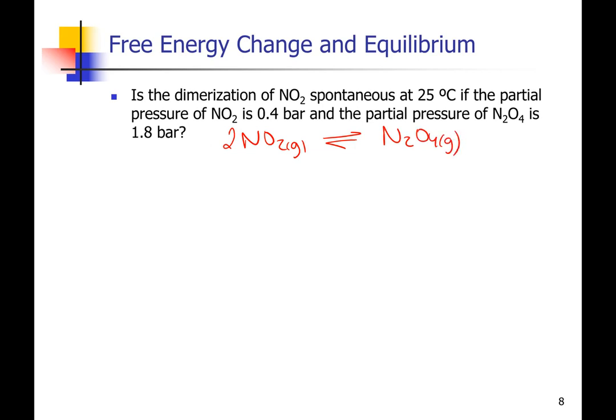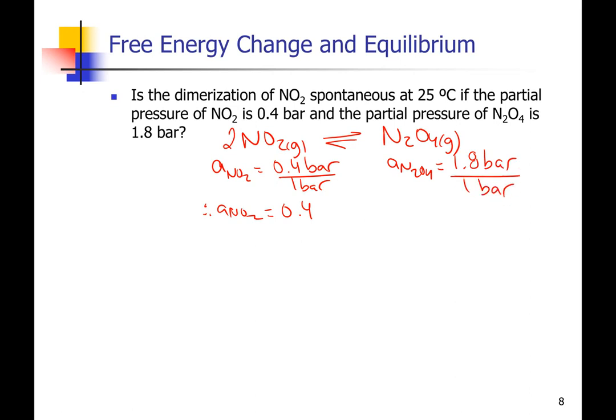And we've been told that the pressure of the NO2 is 0.4 bars, and therefore the activity of the NO2 will be equal to 0.4 bars divided by 1 bar, or 0.4. Similarly, the activity of the N2O4 gas is going to be equal to 1.8 bar divided by 1 bar, and therefore the activity of the N2O4 is going to be equal to 1.8.